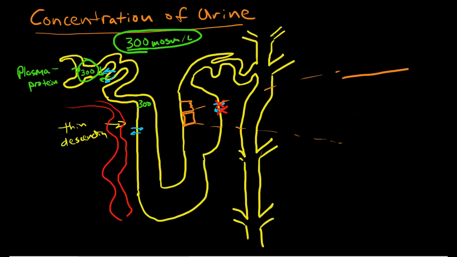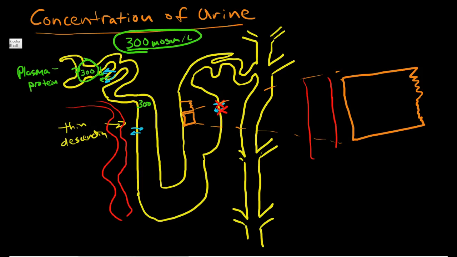So we have this cuboidal epithelial cell at the thick limb of the loop of Henle. Now, at the basilar surface of this cell, that runs up against the vasa recta here, we have a sodium-potassium ATPase pump.